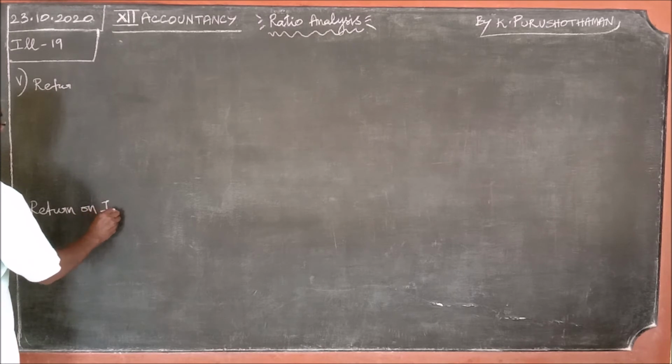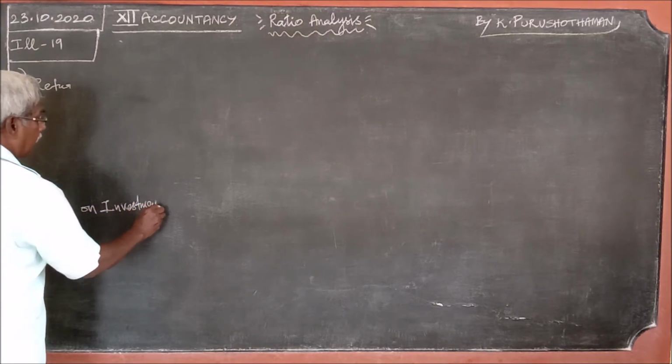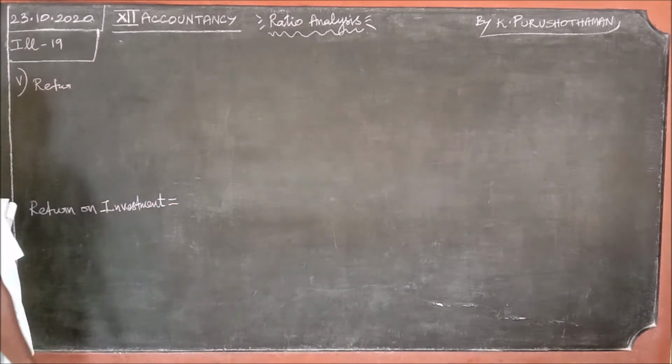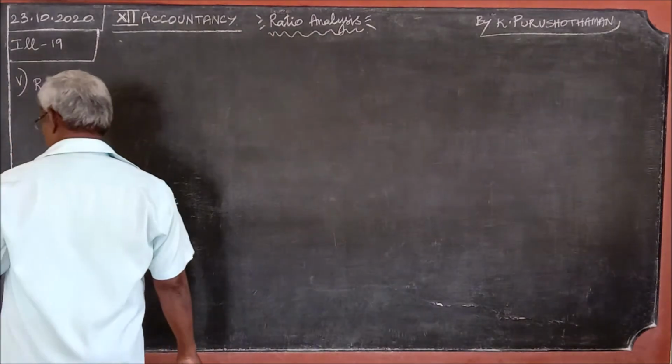Return on investment. Return on investment is one of the types of profitability ratios. What is the formula for it?